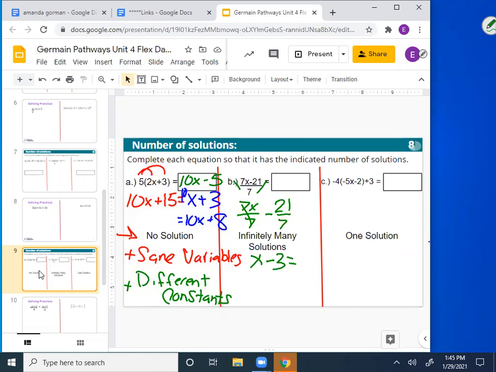Nice job. Wait, let me see what Bridget's saying here. You're cut off. Give me 1 second. Yes, very good. Okay. So what would I write on the other side of this equation for it to have infinitely many solutions?